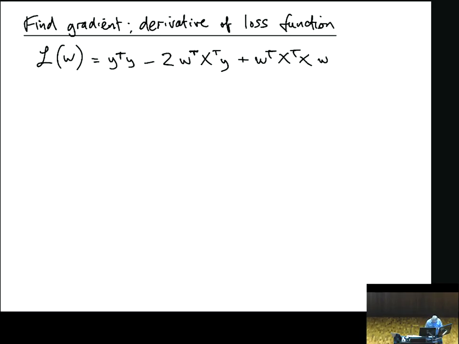So we need to find the gradient. Here's a bit of notation. Some of you may have seen this before. The gradient is sometimes written like this.